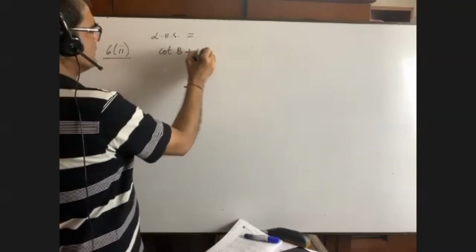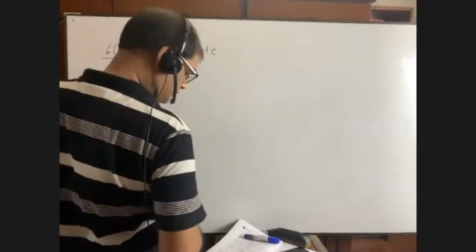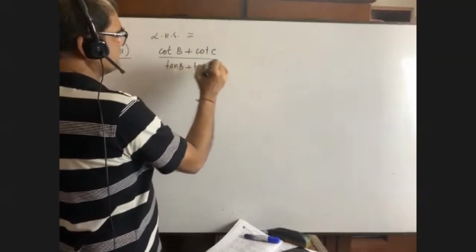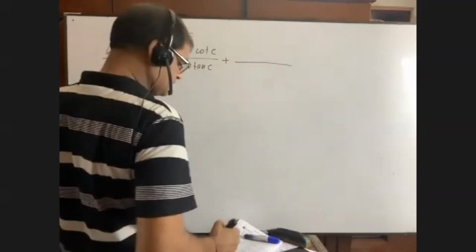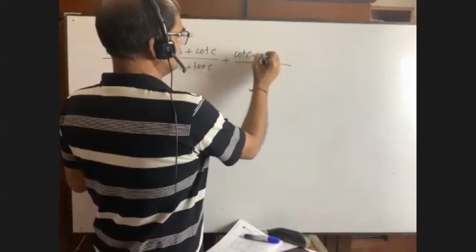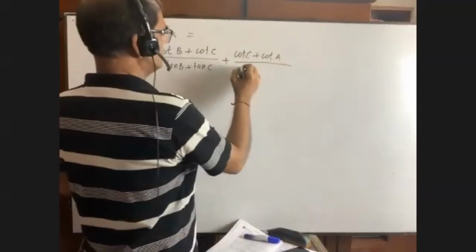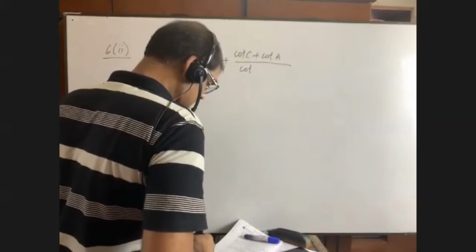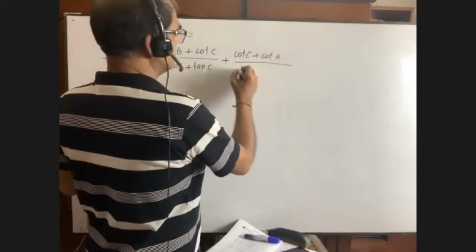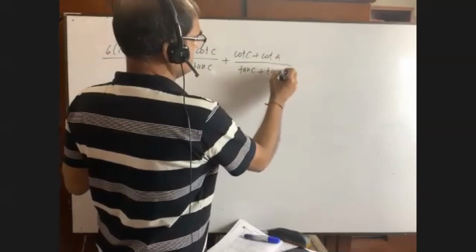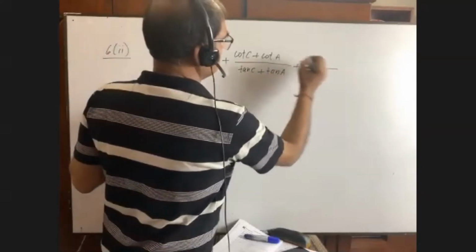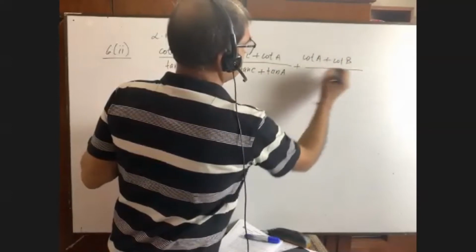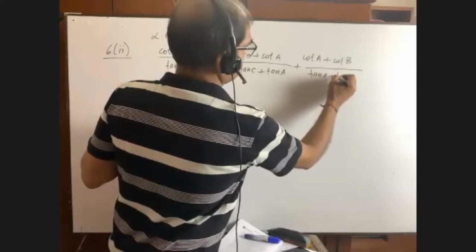Cot B plus cot C by tan B plus tan C. Here, cot C plus cot A by tan C plus tan A. Then it is again cot A plus cot B by tan A plus tan B.